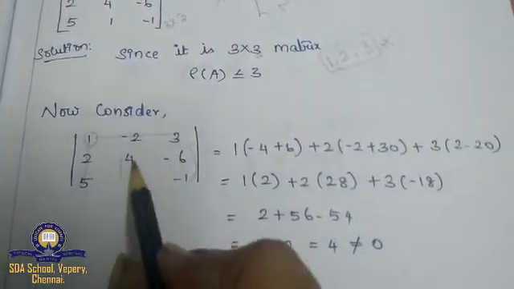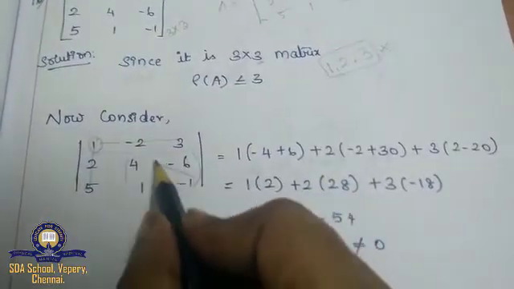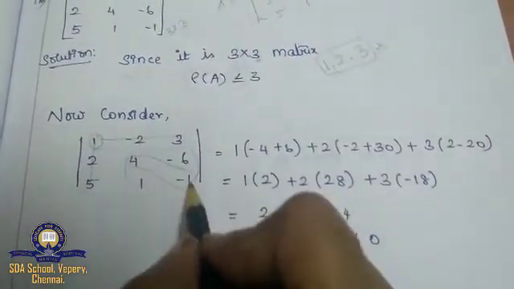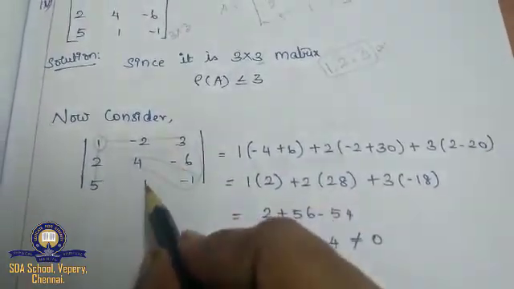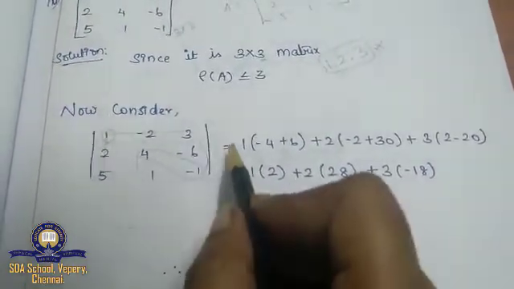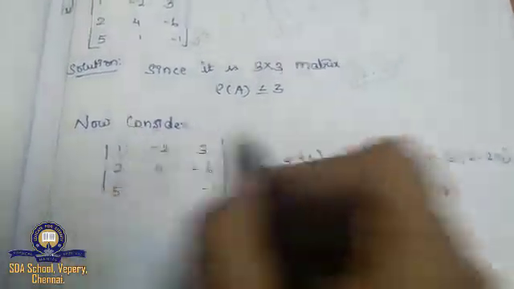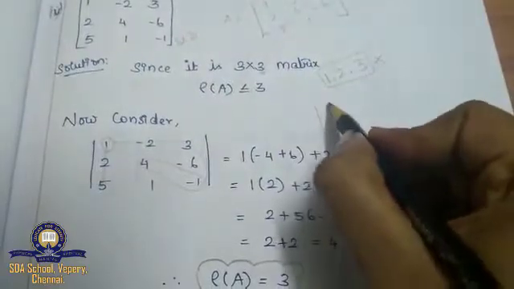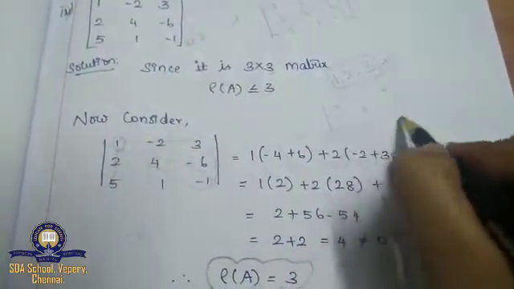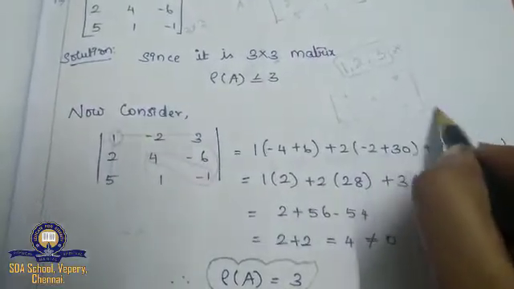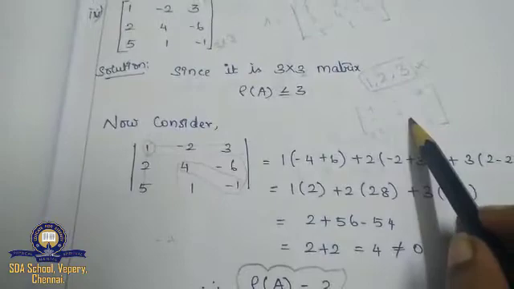So just cross multiply the values. 4 into minus 1 is minus 4. Minus 6 into 1 is minus 6, and already one minus will be there, so plus 6. And next is minus. So what is the symbol? First we have to write plus, minus, plus, minus, plus, minus, plus, minus, plus. In all determinants, you have to write the symbol also.